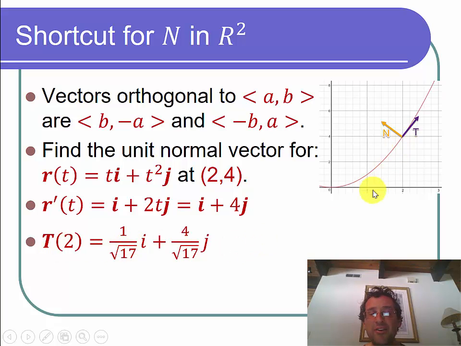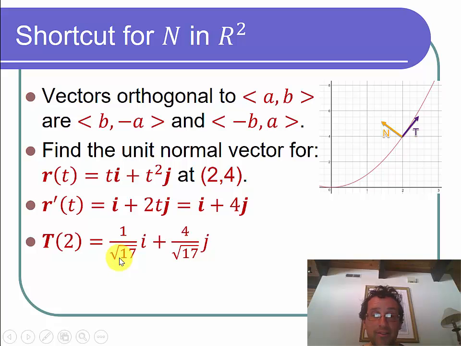So now we try to find the unit normal vector. Again, we could sit there and find T prime of t and use the quotient rule and the chain rule and have a huge mess and work it out. But let's do it the easy way. What we can do is say that the normal vector points to the left here. So that means the i component of the normal vector is negative.